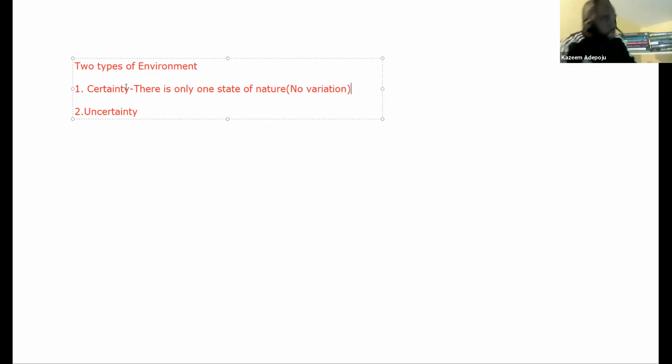But you know what? We find ourselves in an uncertainty environment that I'm also going to call a stochastic environment. And in this environment, there are so many states of nature. That is the environment we find ourselves in, because different things happen on different days.